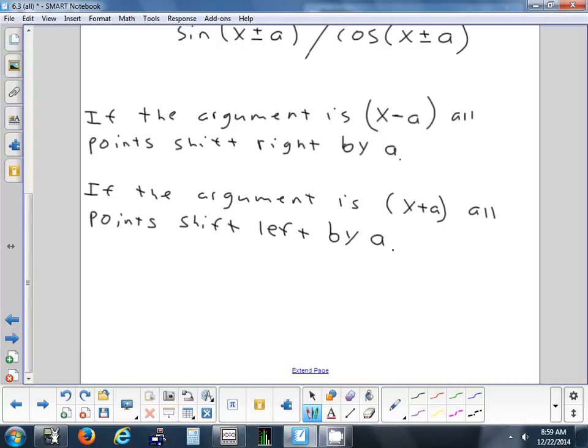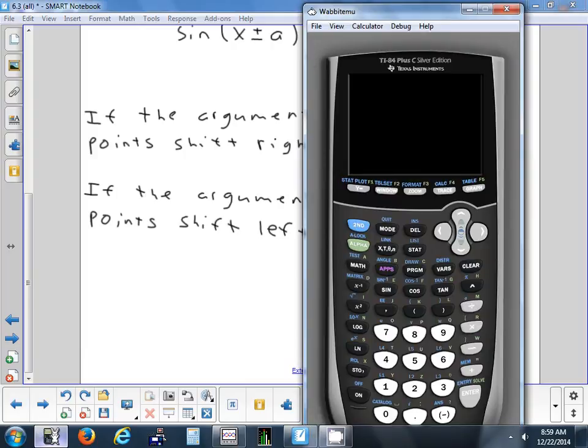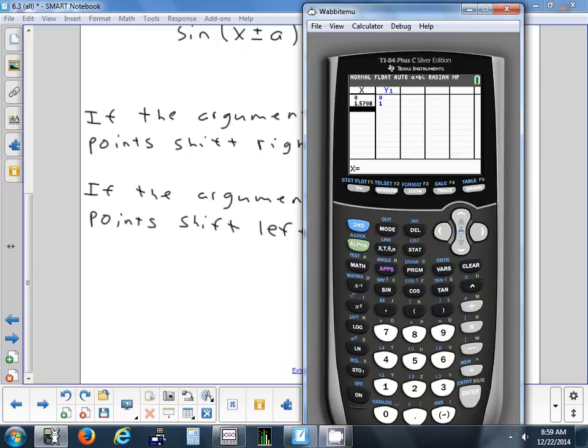So we've got sine of x minus pi over 2. First thing I need to know is my original starting values. If I don't know where I'm starting, I can't figure out where I'm going to go to. So can anybody tell me what are my original x's, and make sure you look at the sine table.